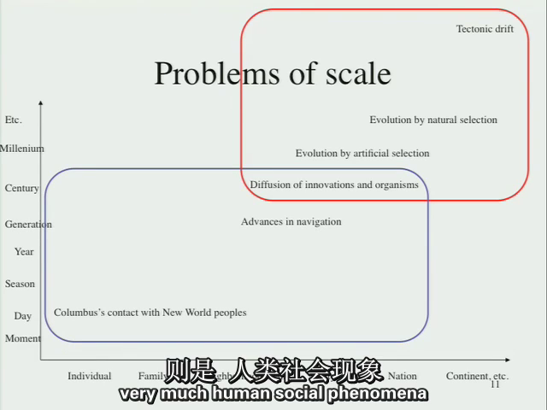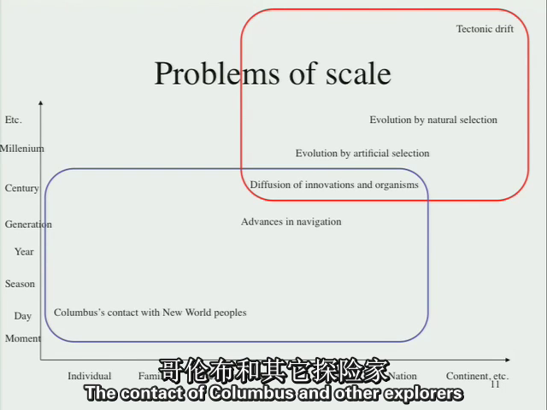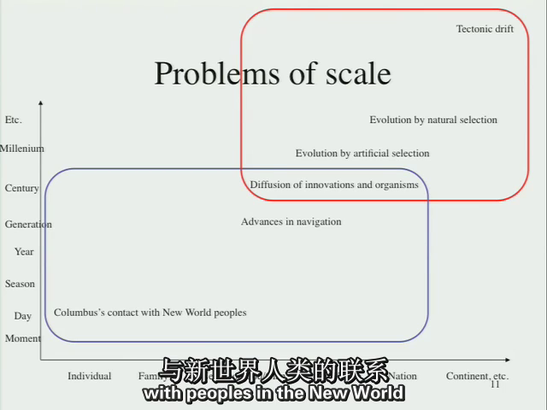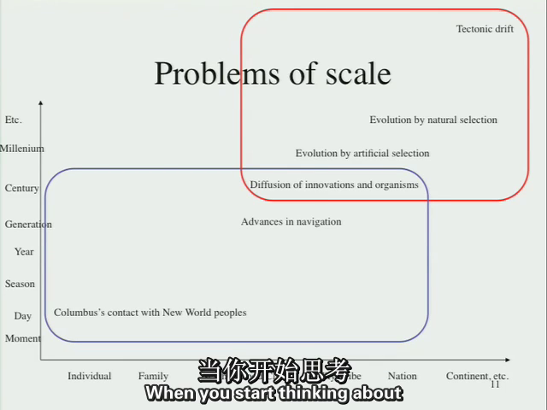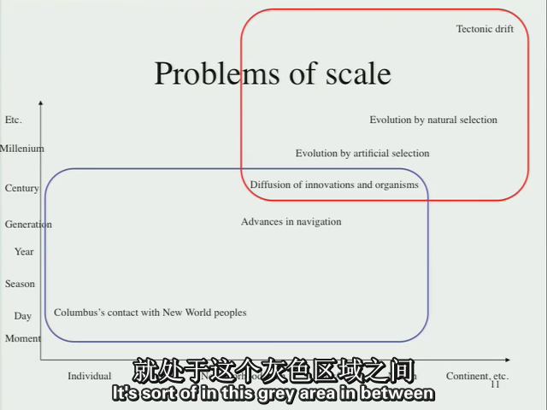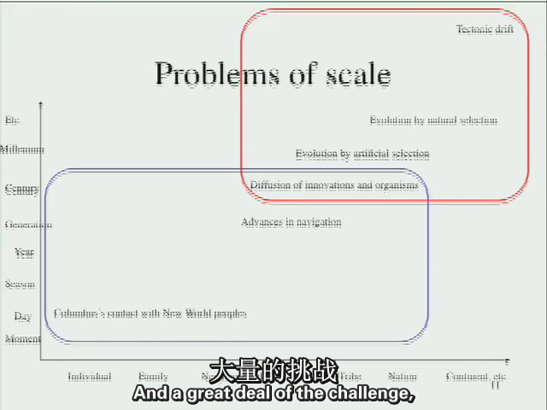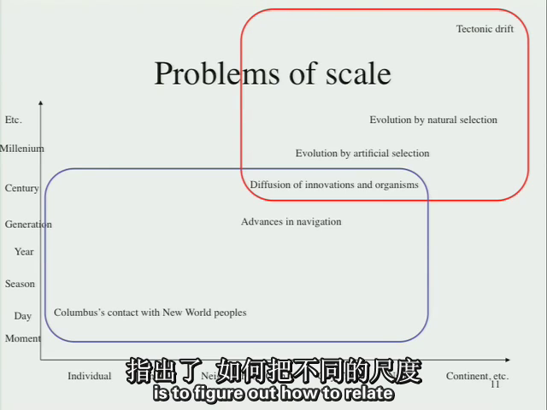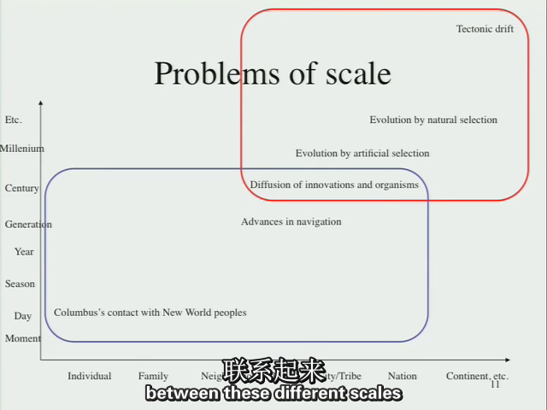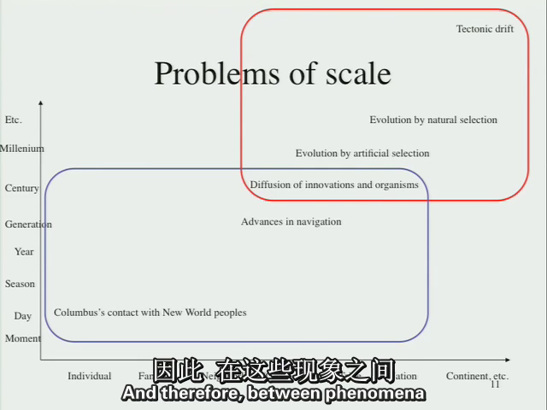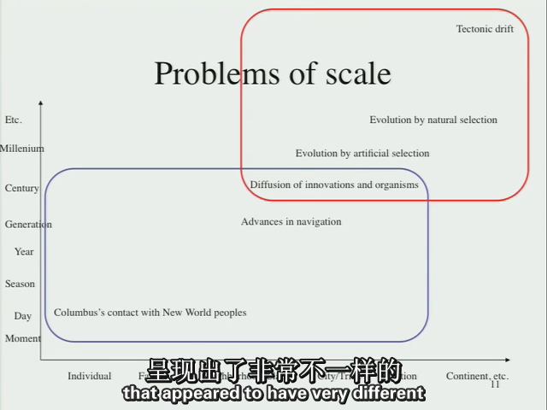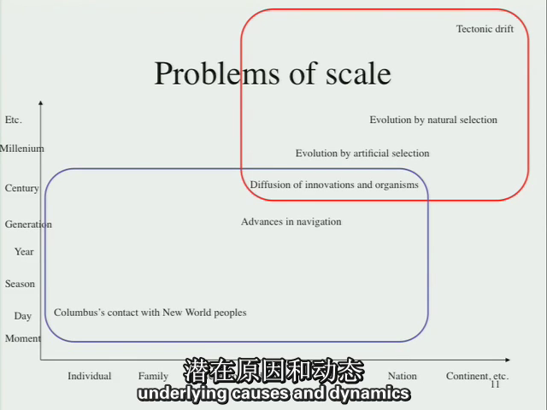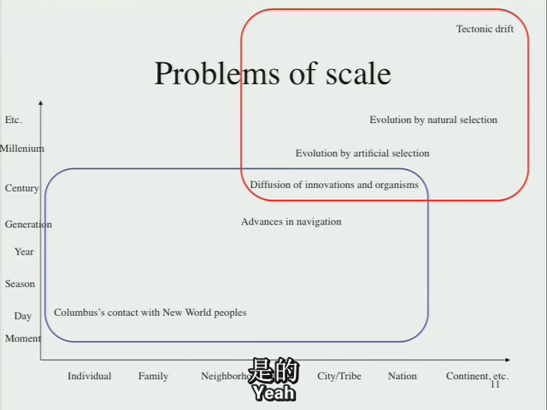Others are clearly very much human social phenomena: the contact of Columbus and other explorers with the peoples of the New World, advances in navigation. When you start thinking about diffusion of innovations, it's sort of in this gray area in between. And a great deal of the challenge of an argument like Crosby's is to figure out how to relate between these different scales, and therefore between phenomena that appear to have very different underlying causes and dynamics.